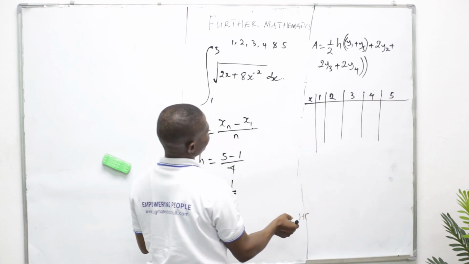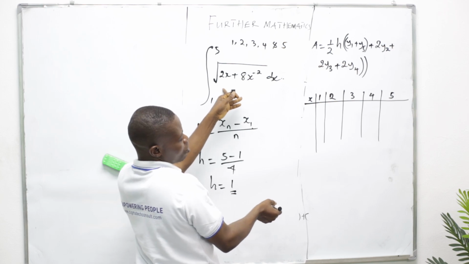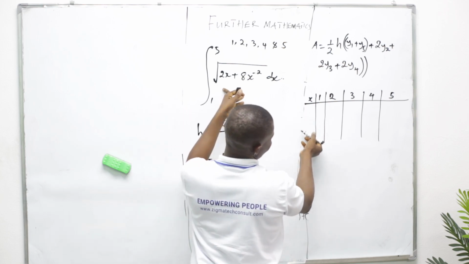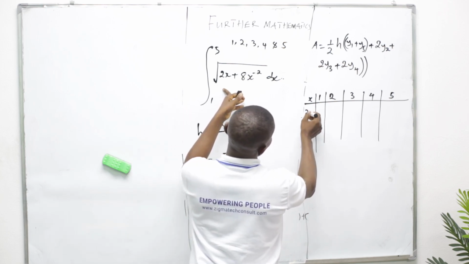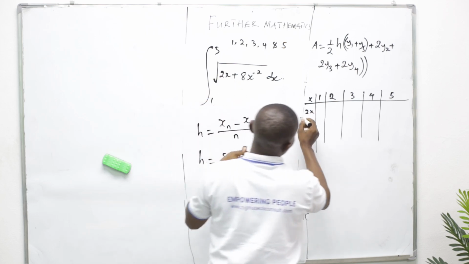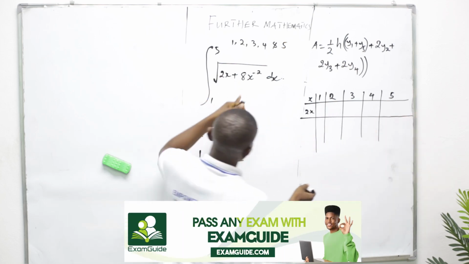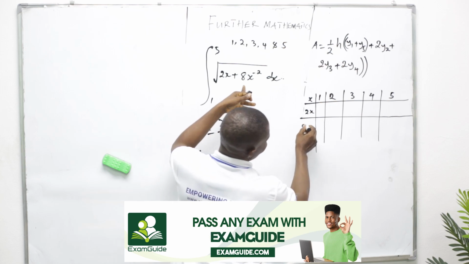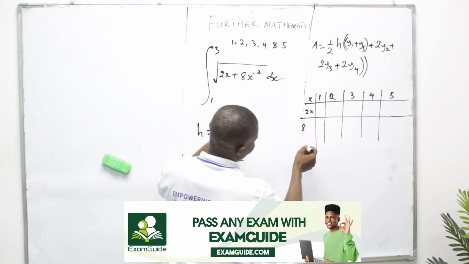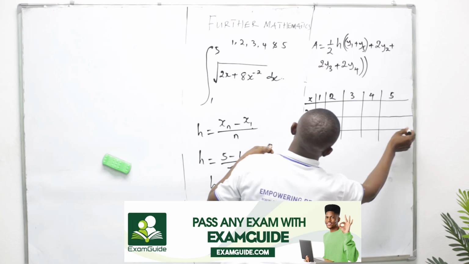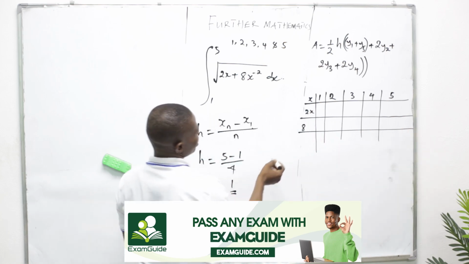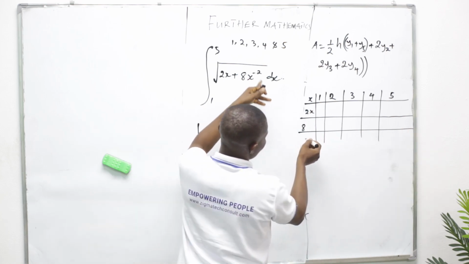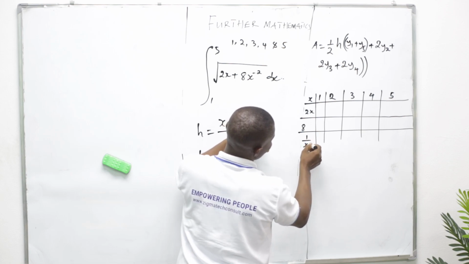Can you see? Now, come back to the integration. What do you have? I have 2x, which is the first one. All right. What next? 8. All right. What next? x raised to the power minus 2, meaning 1 over x squared.